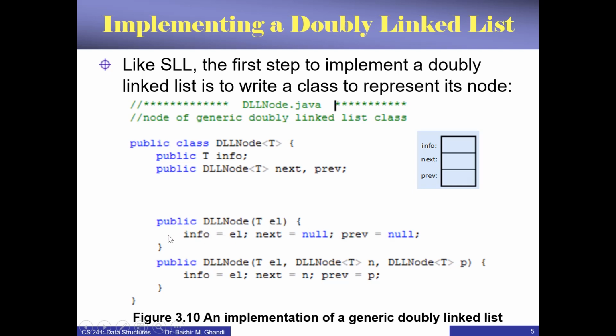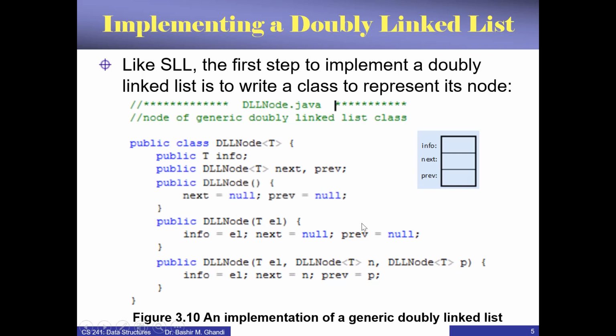Here, contrary to what we did with singly, we are doing the assignment directly in the constructor itself. The other option, of course, is to call the last constructor. So we could have said this, and then pass the three arguments: element, null, null, and allow the last constructor to do the assignment for us. But we have decided to do it directly here, just to show you the two options. You can choose whichever you like.